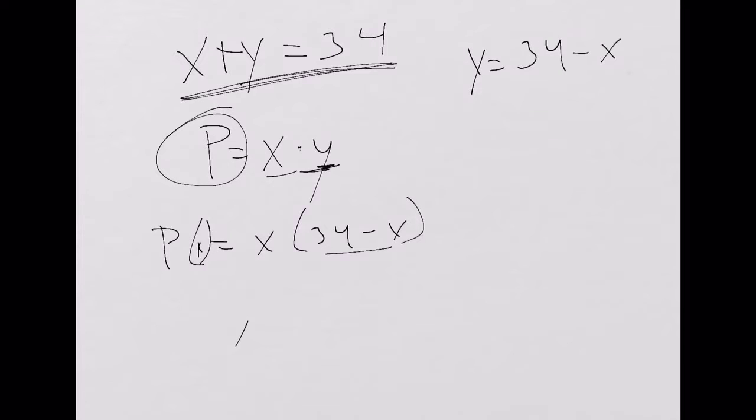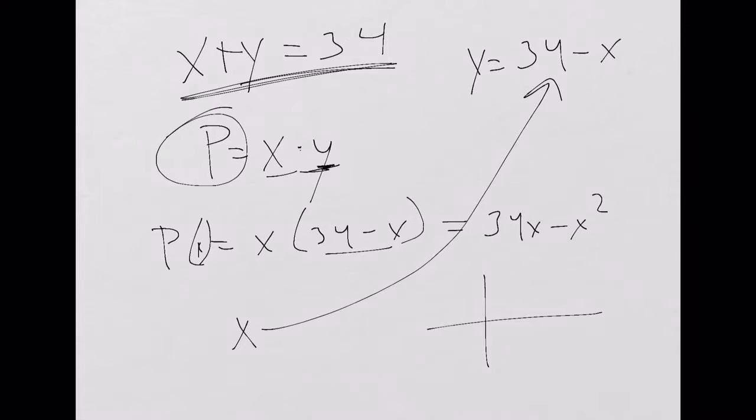It'll give me an x value where it occurs, and then I could take that x value and plug it in to solve for y. So if we were graphing this, we'd get 34x minus x squared. Pretty sure we're going to get some type of parabola that's going upside down since I have this negative x squared.